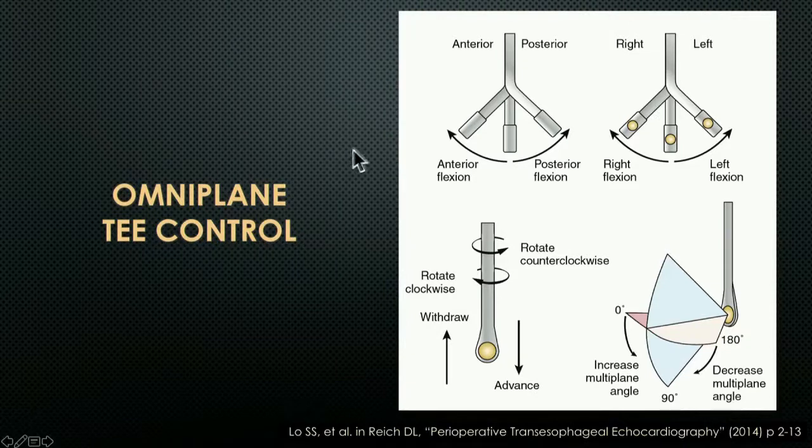The probe is remarkably movable. We have anterior flexion or anteflexion, as well as posterior flexion or retroflexion, usually controlled by the larger knob of the various manufacturers' probes. We can flex to the right or flex to the left, usually controlled by the smaller knob.